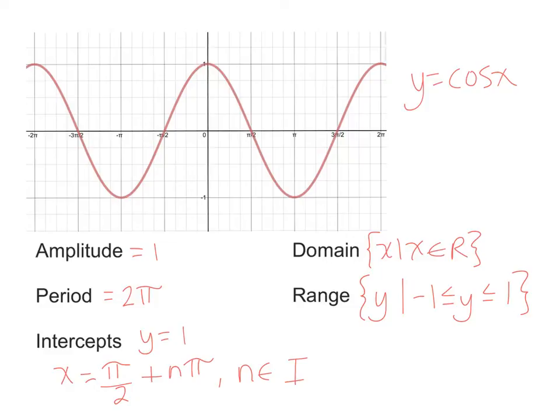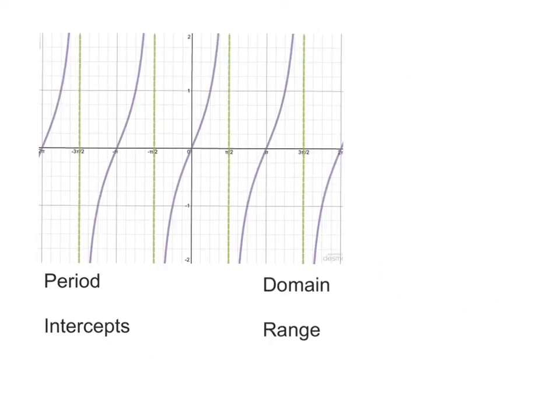The third function that you graphed was y equals tan x. Y equals tan x is different than the other two, very different. And if you graphed it, you may have had trouble even figuring out what the points were doing.